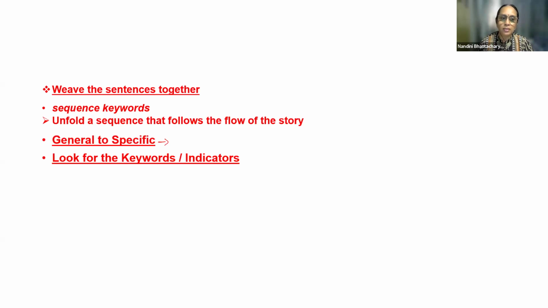A paragraph begins with a general statement and moves on to specific statements, so any specific statement is never your introductory statement. And of course, all the time we talk about keywords and indicators. And most important, eliminate options, narrow down to the correct options, and you will get your answer.